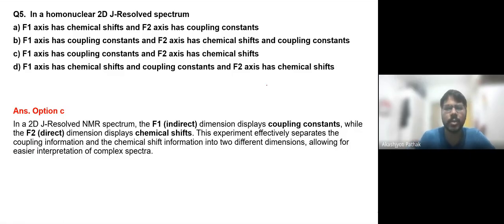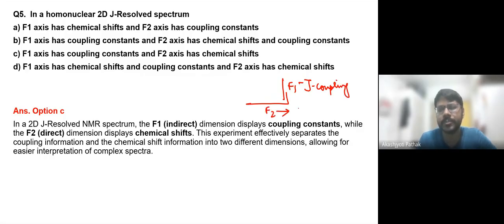We just now saw that in a 2D J-resolved spectrum, the pulse sequence is designed in a way that your F1 frequency dimension will give you the information about the J coupling, and your F2 dimension gives information about the chemical shift. So in a 2D J-resolved NMR spectrum, the F1 dimension displays coupling constant, while the F2 dimension displays chemical shift.